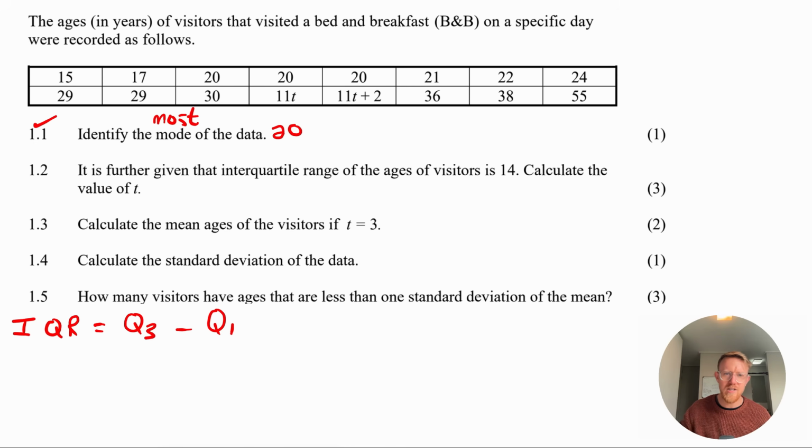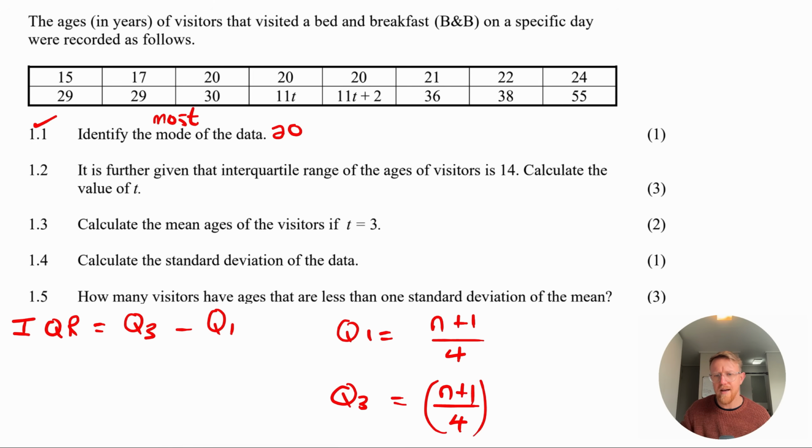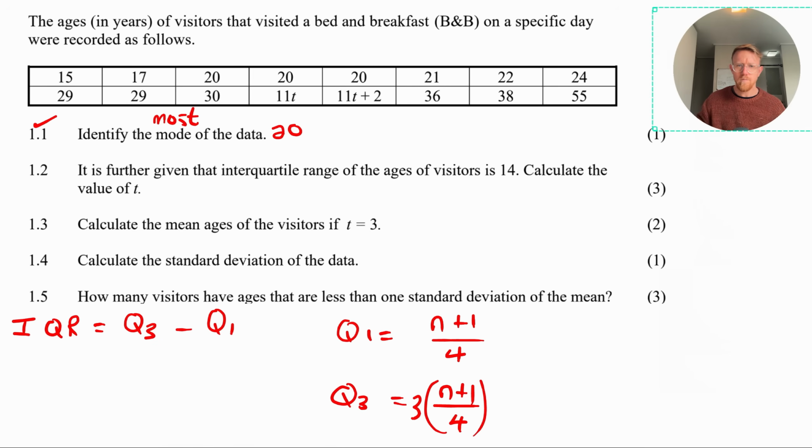To find Q1, we use the following formula, n plus 1 divided by 4. And to find Q3, we use n plus 1 divided by 4, but then we multiply that with 3.